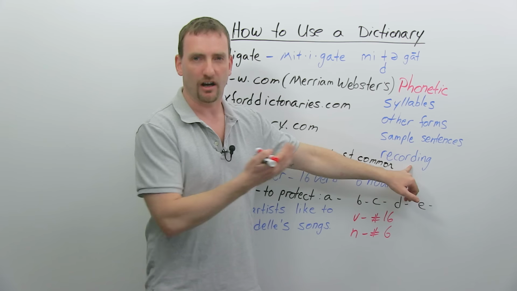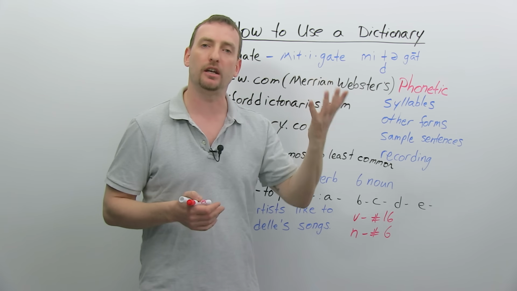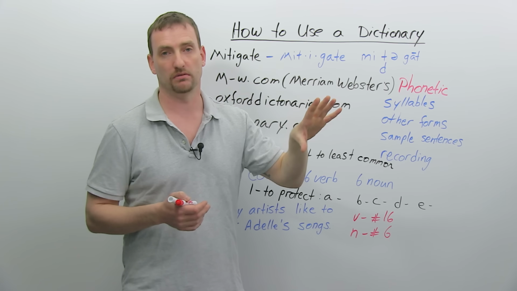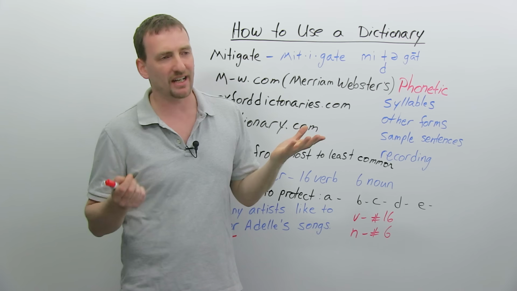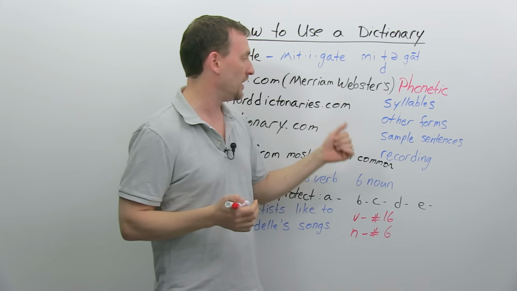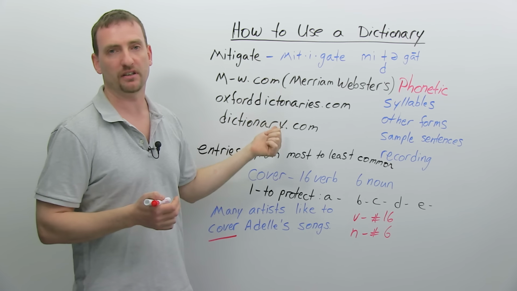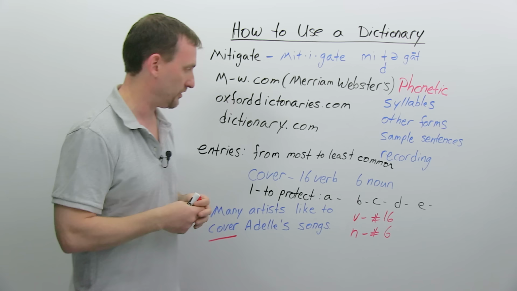And online, obviously not in the book, there will be a recording, so you can actually hear the word spoken. I've listened to many of these recordings. Some of them I like, some of them I don't like. I've heard different versions, but it's up to you. You can go check all three dictionaries and compare how the word is said aloud, okay?